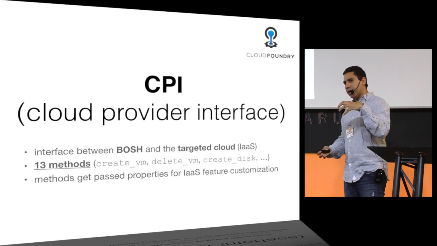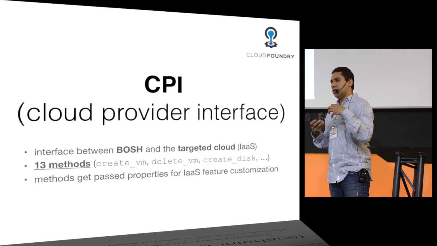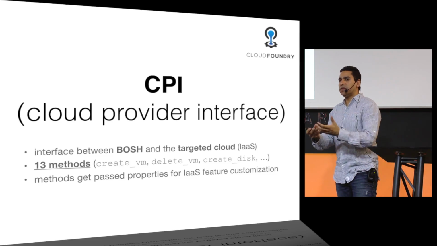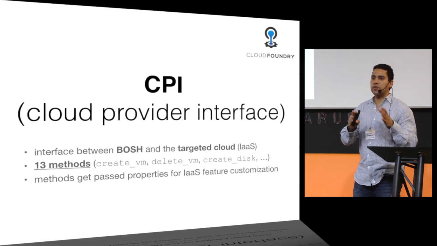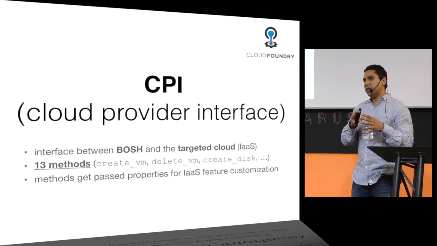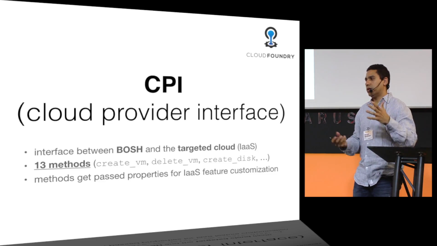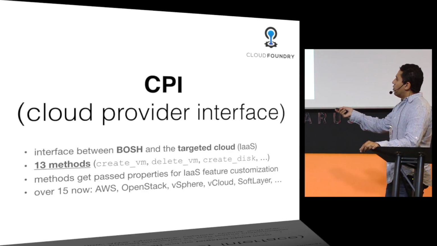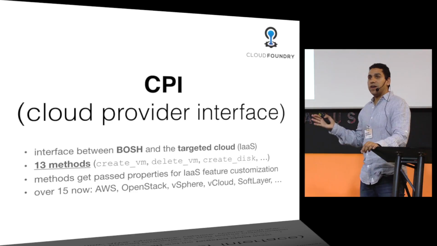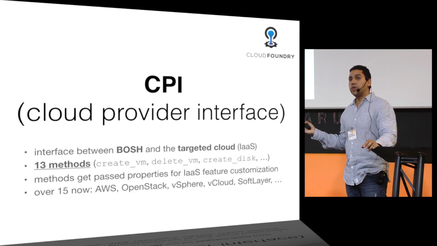Think of it as a bag of information that, as a user of Bosch, you can specify. So you can specify things like, I want to create a VM, but I want the VM to be this size. You specify these things as a set of properties. As I mentioned, there are over 15 CPIs in use right now. I know of 20 because there are about 5 more that are essentially prototypes.